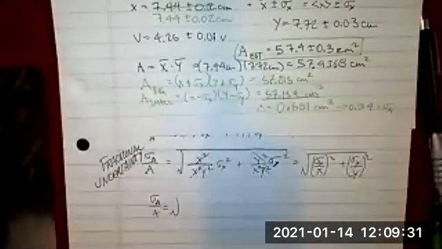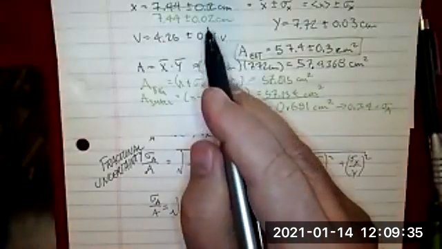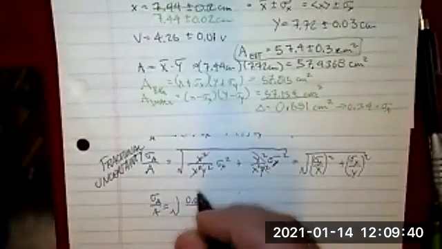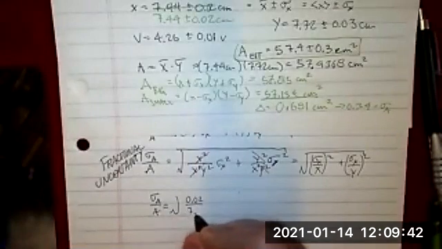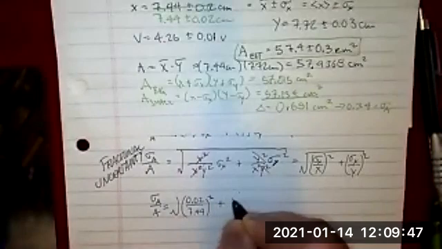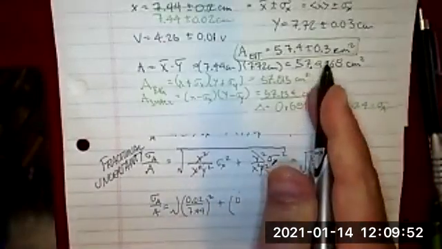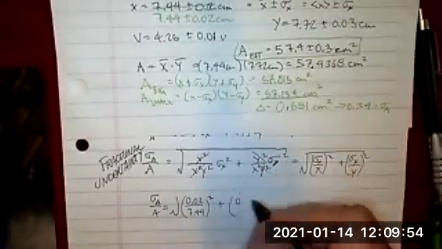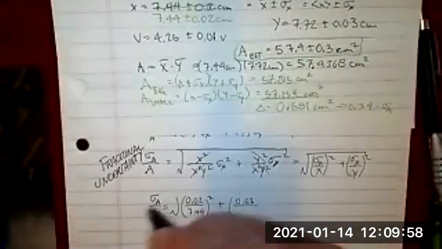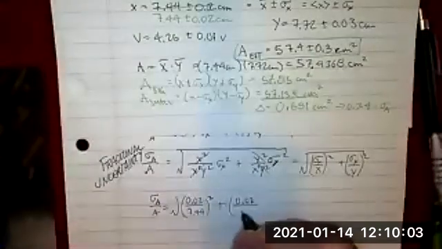So my fractional uncertainty in my A is actually going to be, using my uncertainty in my x, 0.02 over my x value, which was 7.44, squared, plus my other one, which was 0.03. Notice they both had units of centimeters, so the fractional uncertainties have no units. And the other number was 7.72.